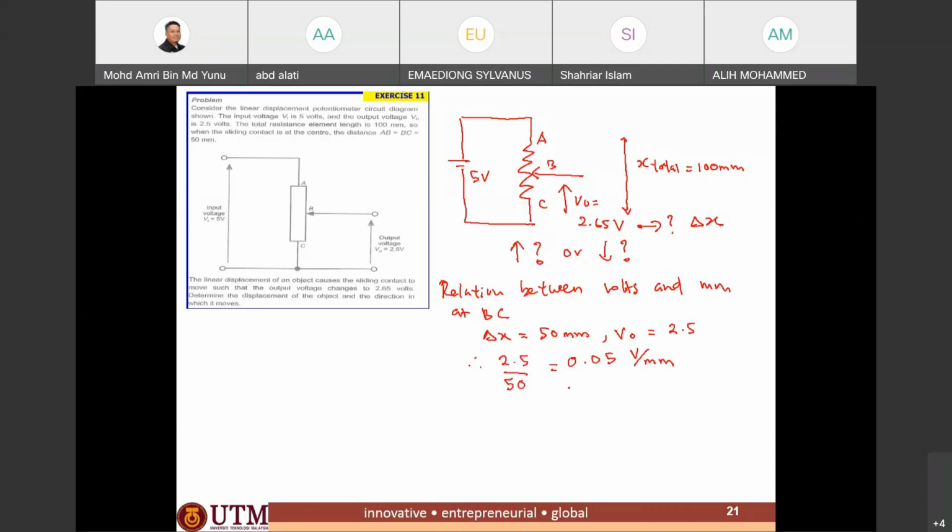So that is basically the sensitivity. We get the sensitivity is 0.05 volt per millimeter.